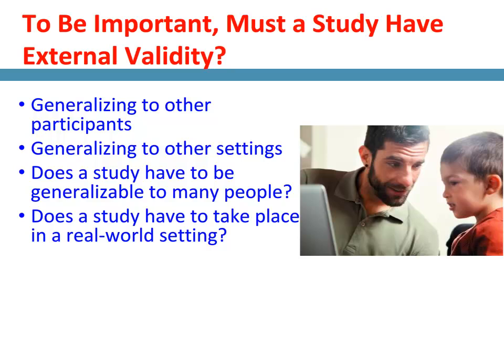You can have what's called experimental realism, so maybe you've set up your study in the lab to replicate a real-life setting to make it a little bit more real. What we're really talking about here is ecological validity. So what's the likelihood that something that happened in a lab would repeat itself in everyday life? So you have to consider how well that would generalize to other settings.